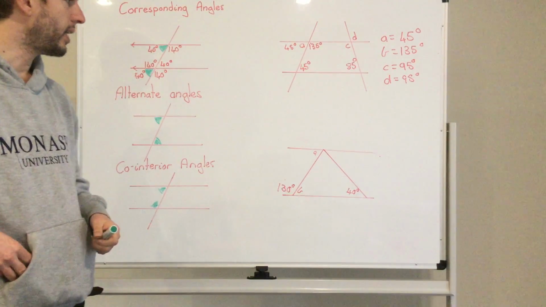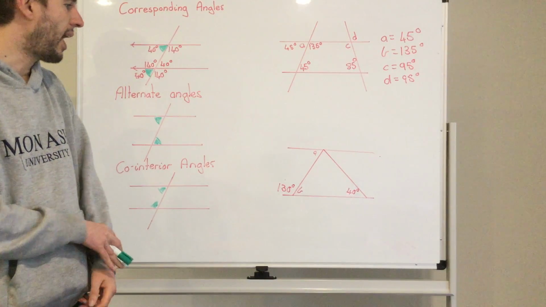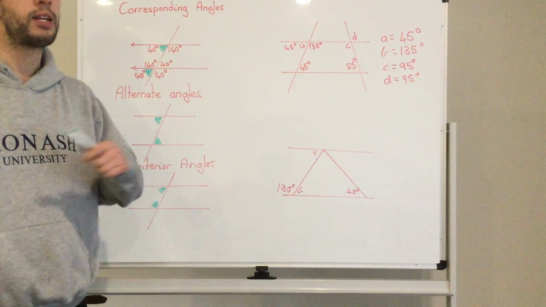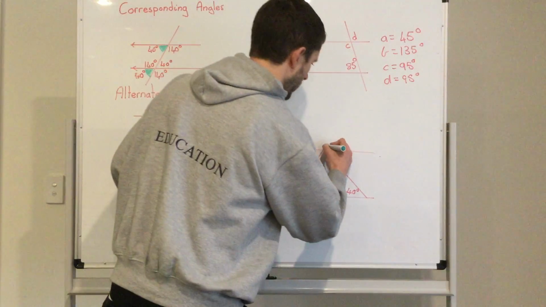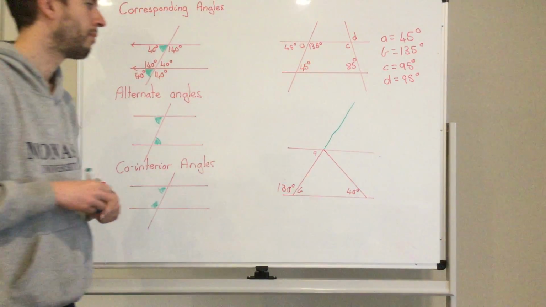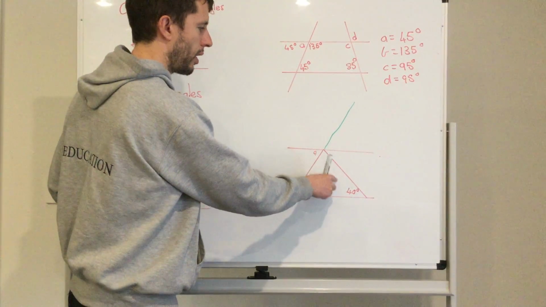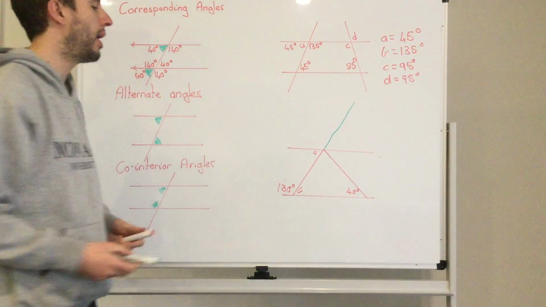Let's have a look at this one here. Because it's done in a triangle, it can make it a bit difficult for us to visually see. So I just want us to break it down for a minute. I'm just going to draw a nice line here. If we ignore this line that's going through, we've still got one line going through parallel lines.